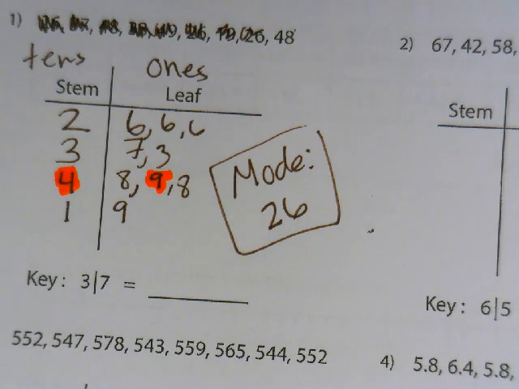Stem and leaf. How would you write 67 as a stem and leaf? 6 and then 7. Break it up, 6 and then 7.